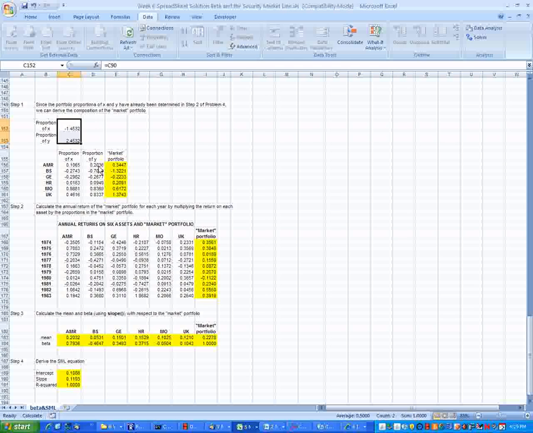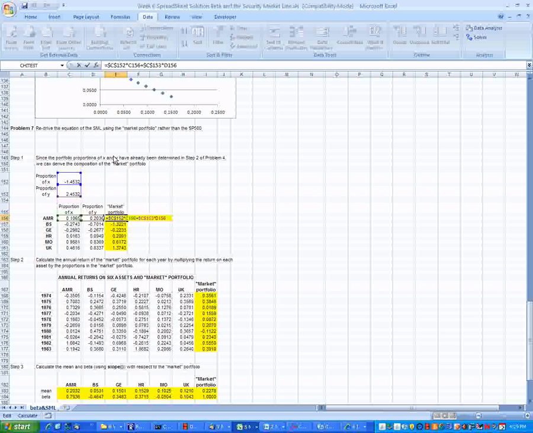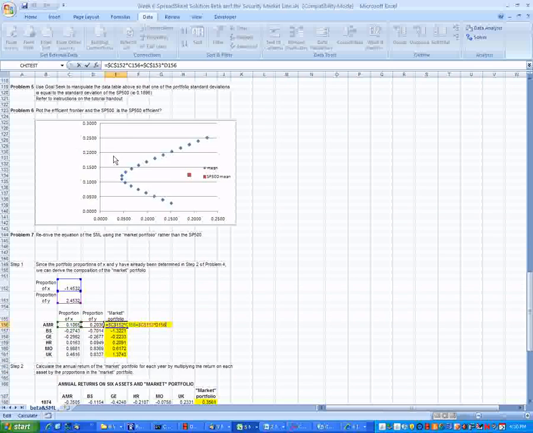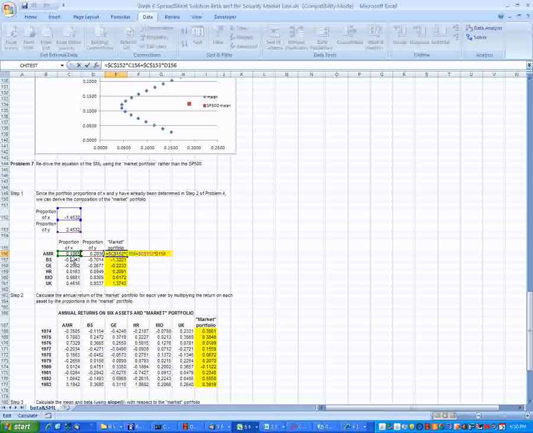What we do then is we multiply each of these proportions by the corresponding proportion of X and proportion of Y, corresponding to each of the cells.